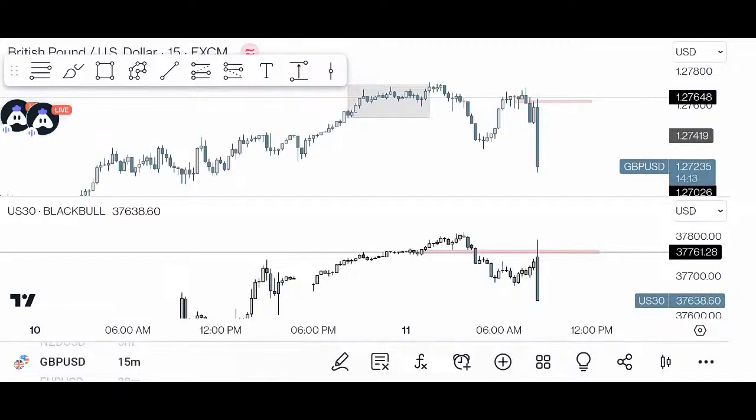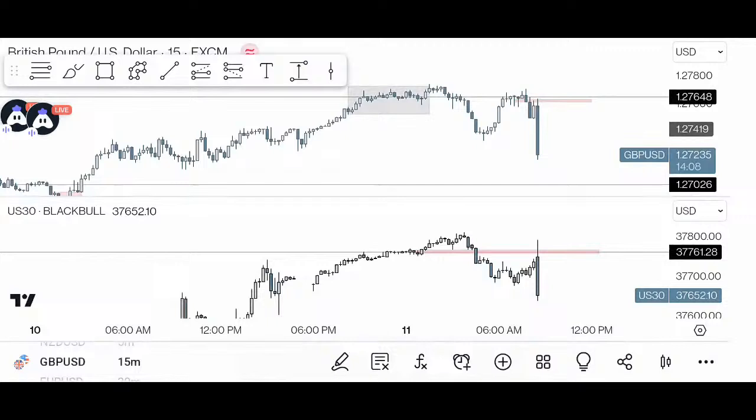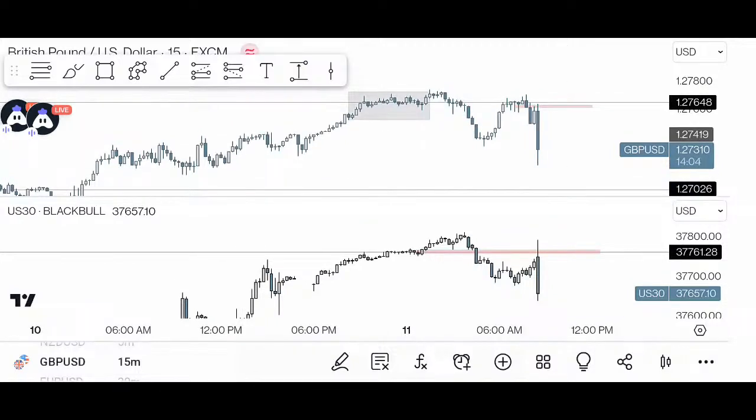Let's see if it went there, and from there you will get a pump because that was a bullish area yesterday, and it remained untested. So if today it gets tested, it will give a pump, that 1.27026.